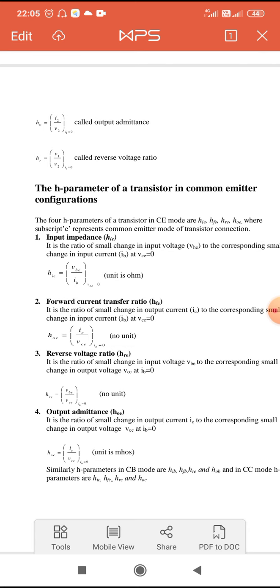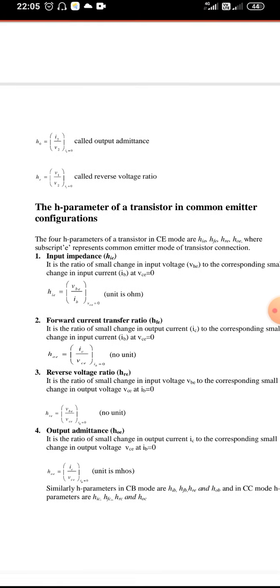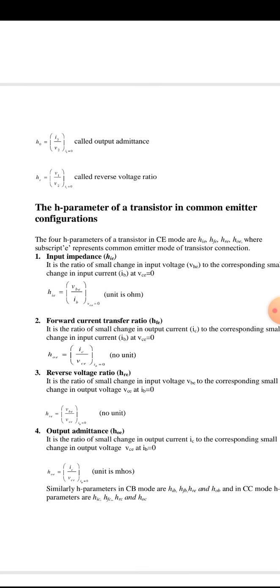The output voltage in common emitter configuration is VCE, the voltage between the collector and emitter. So HOE is equal to IC upon VCE, under the condition that IB is equal to 0.